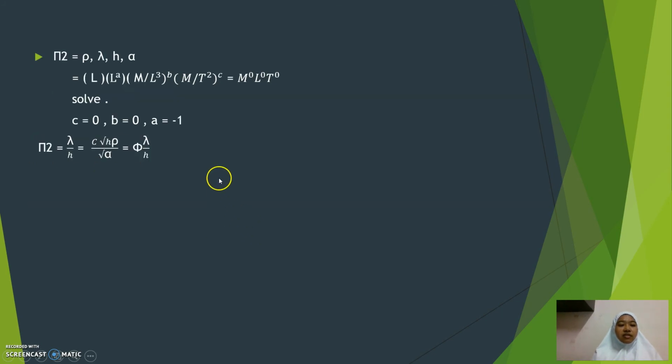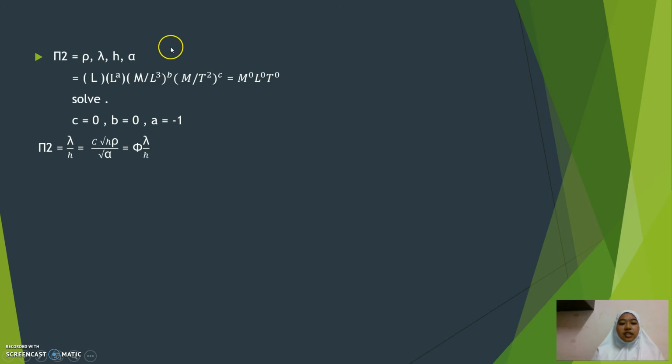Okay, so let's move on to pi 2. For pi 2 we have rho, lambda, h, and alpha. So we'll insert the dimensions for each of the variables. Once we insert, we equate it with M to the power of 0, L to the power of 0, and T to the power of 0.